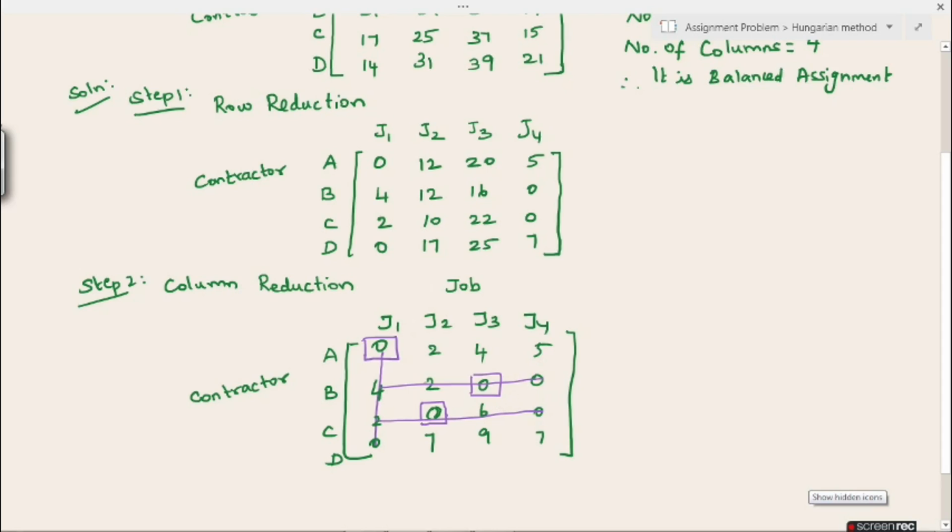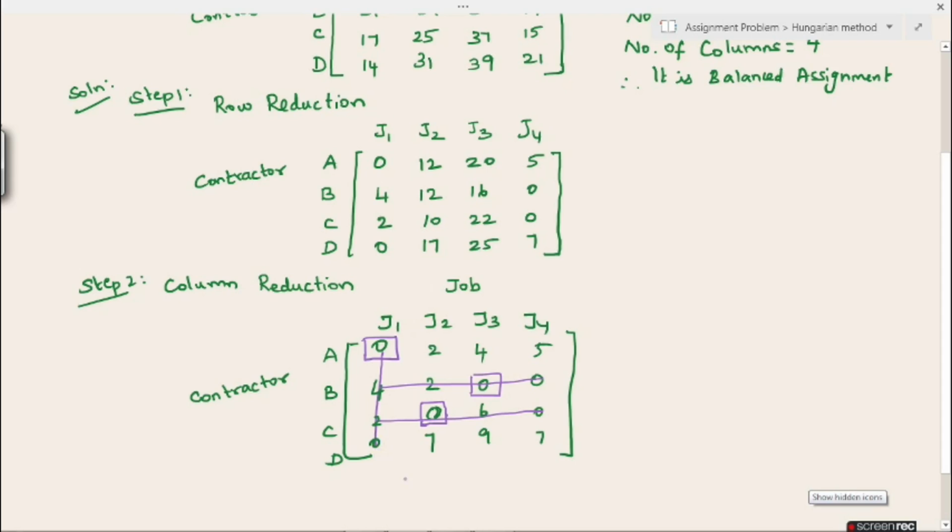After this we have to check whether all the rows have an assignment or not. In the first row we have an assignment, in the second row also, in the third row also, but in the last row we don't have an assignment. If we don't have an assignment in any particular row, we don't get an optimal solution.